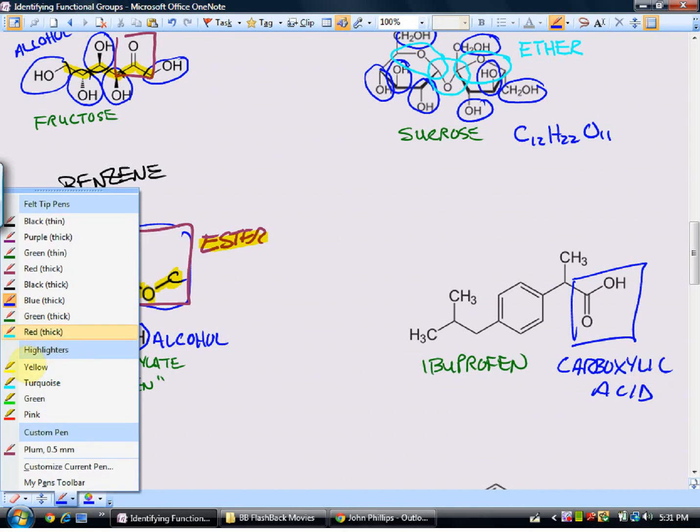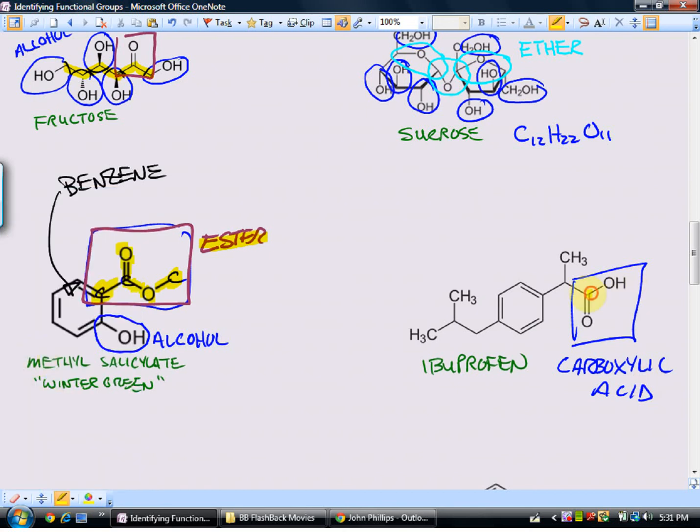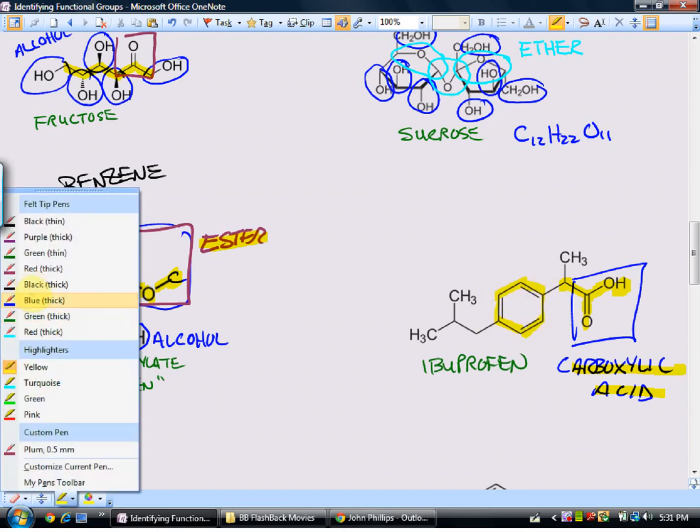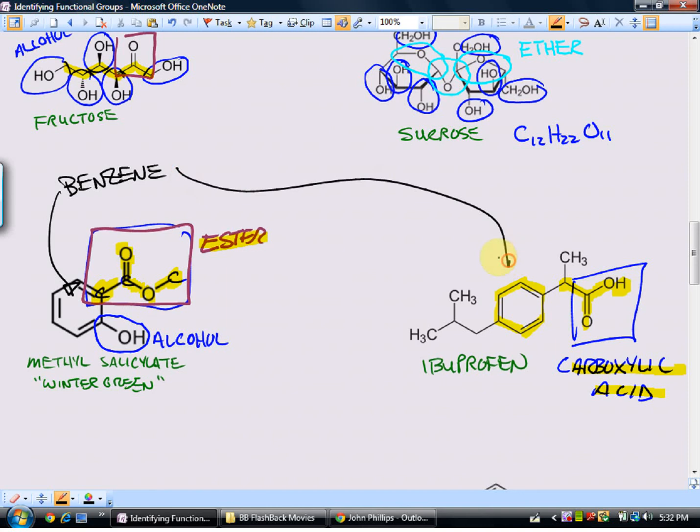Comparing that to what we did before, we see the same structure, the carbon-oxygen double bond connected to a carbon-oxygen, but now on one side we have connected a hydrogen, and on the other side we have connected a carbon. So that is our carboxylic acid. Otherwise, it's all hydrocarbon, but again, I hope you notice that that lovely little benzene ring makes an appearance again.